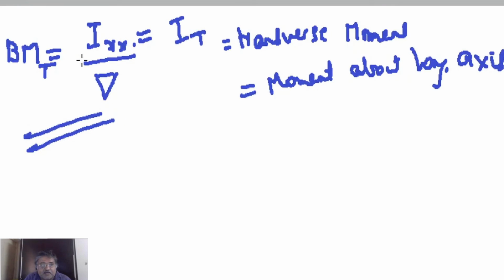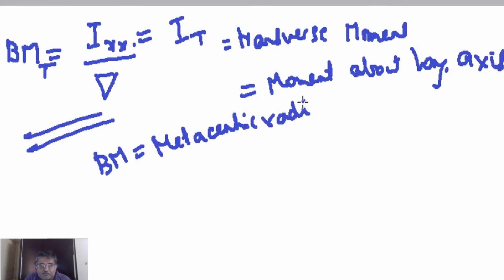It is like this. BMT, transverse metacentric radius. BM is metacentric radius. So BMT is equal to Ixx divided by del, where Ixx is equal to IT, known as the transverse moment of inertia.